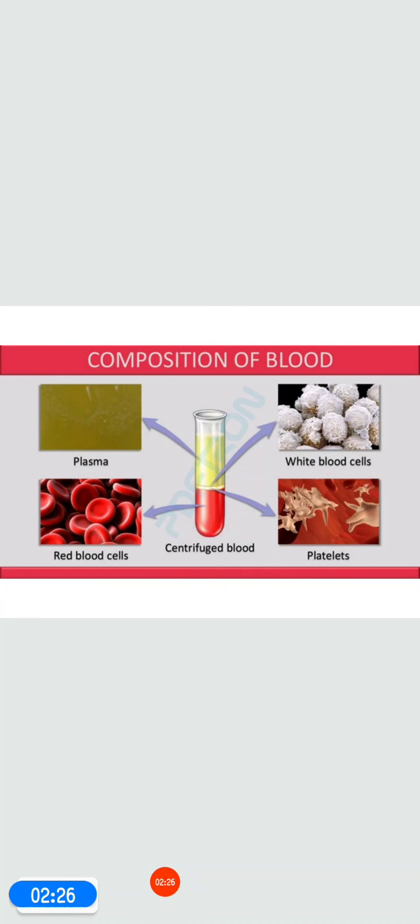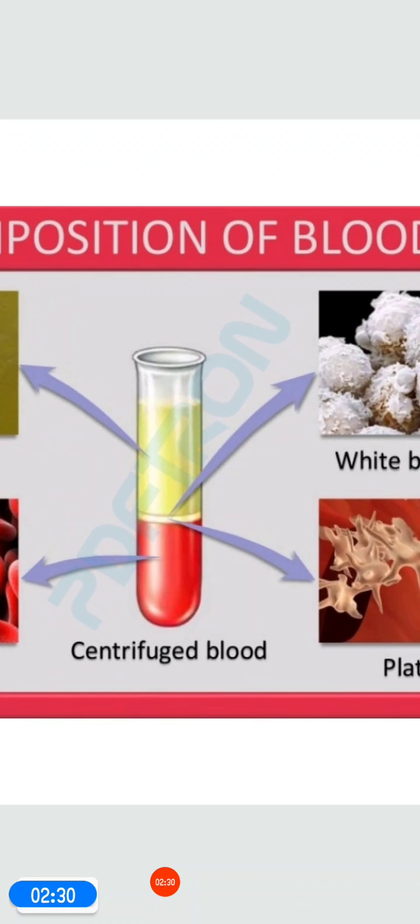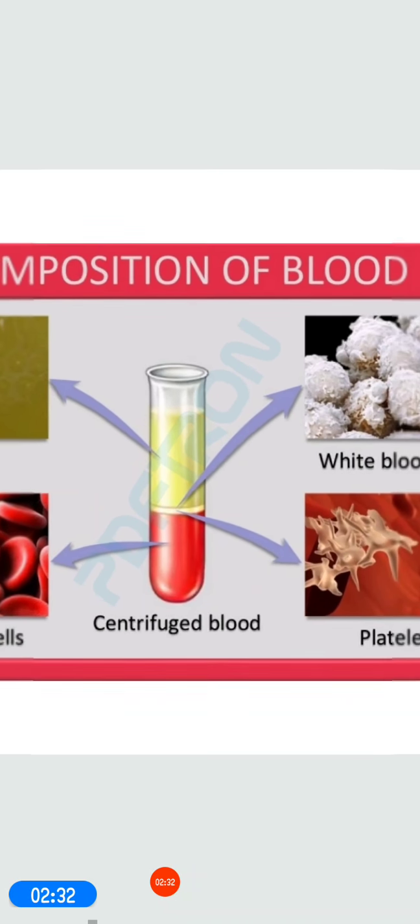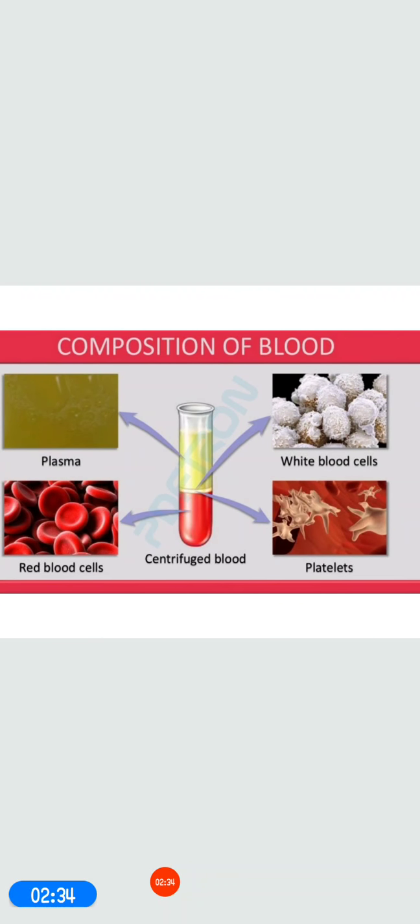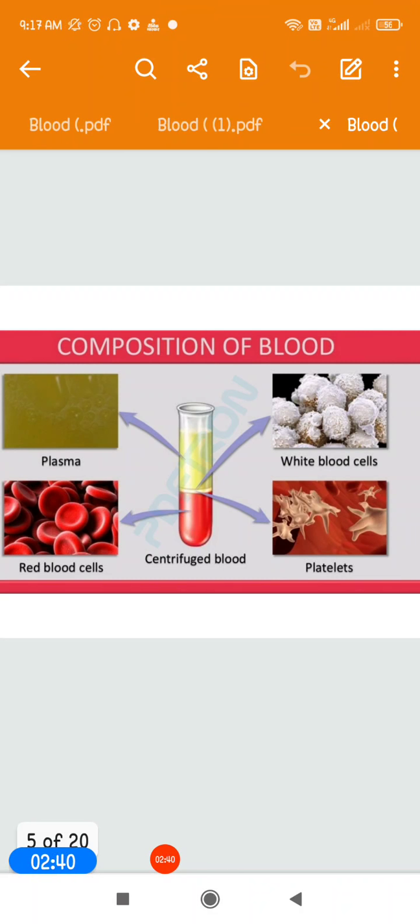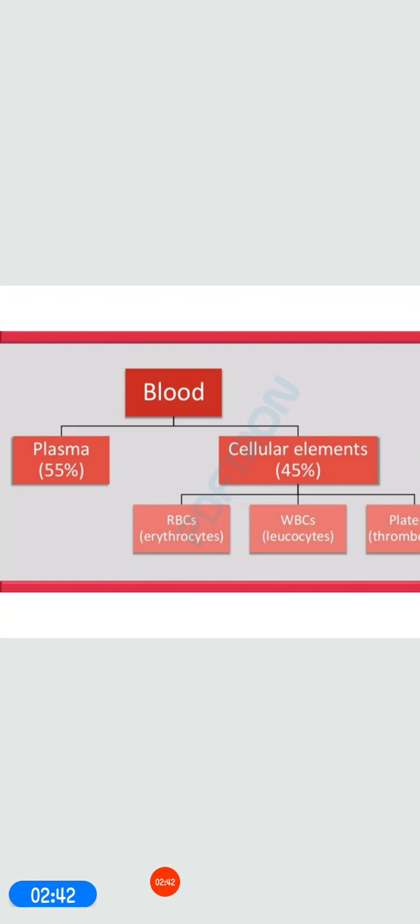And the next is composition of blood. This is centrifuged blood, and this is the composition: plasma, red blood cells, white blood cells, and platelets. Now I come to the blood composition. In blood, plasma is 55% and the cellular elements are 45%.